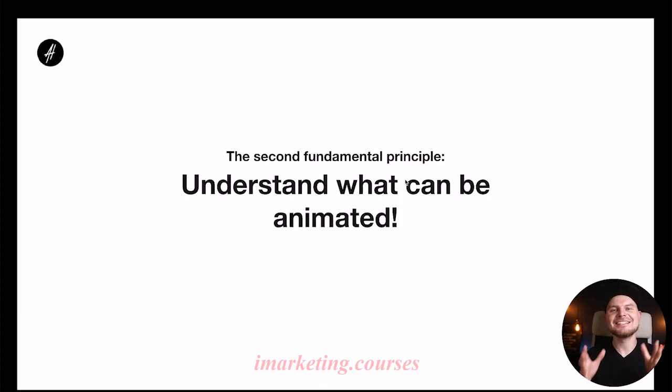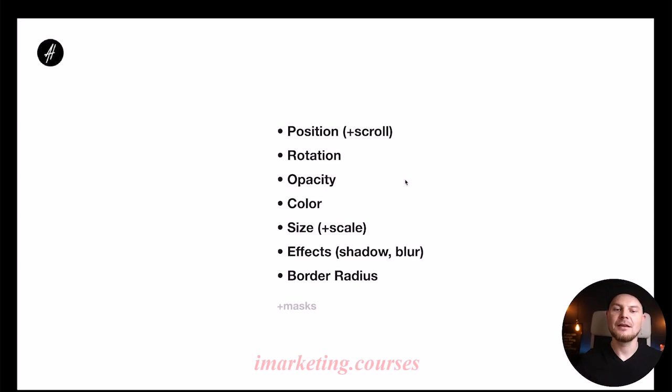These are the things that you can create by changing these parameters. Remember the principle: understand what can be animated. And only these things can be animated. Only these ones. Trust me, there are no other things that can be animated. In, let's imagine, After Effects, probably you know that there is trim paths, that there are some things like text where each letter changes its blur and then becomes sharp. But all these things have the same principles as here.